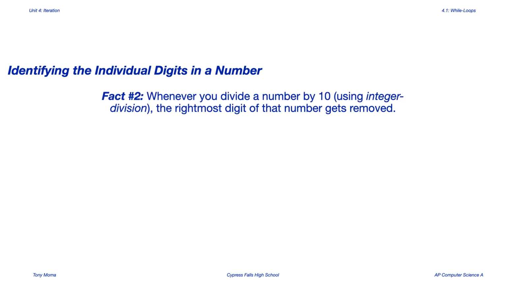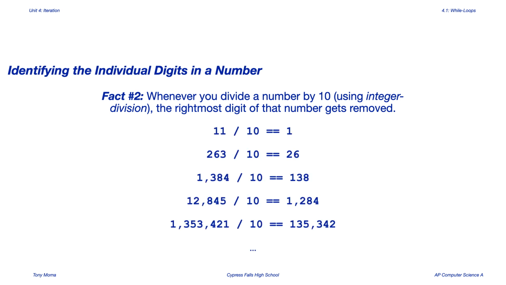The second fact that's important to know is that whenever you divide a number by 10 using integer division, the rightmost digit of that number gets removed. And recall, integer division simply means the fractional part gets thrown away. So for example, 11 divided by 10, if we're using precise division, equals 1.1.